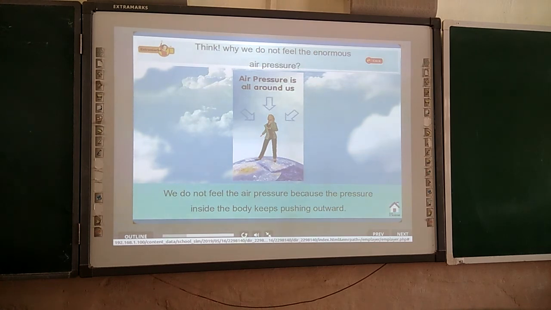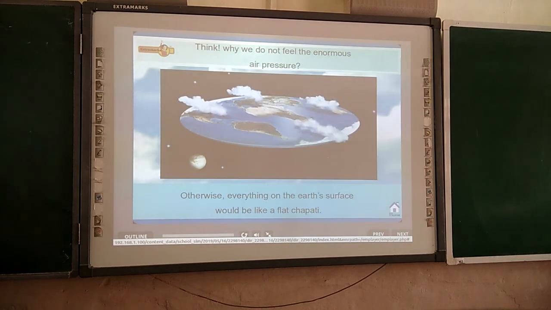We do not feel the air pressure because the pressure inside the body is pushing outward. Think why we do not feel the enormous air pressure. Otherwise, everything on the Earth's surface would be like a flat chapati. You look at here.